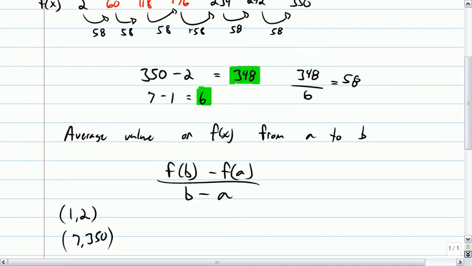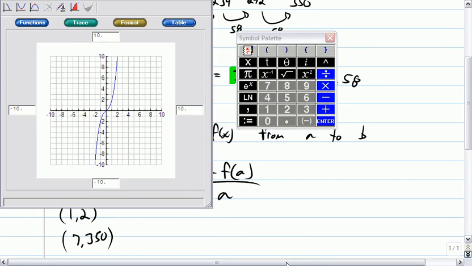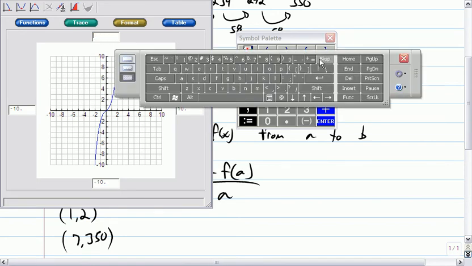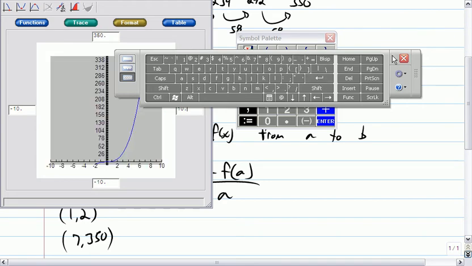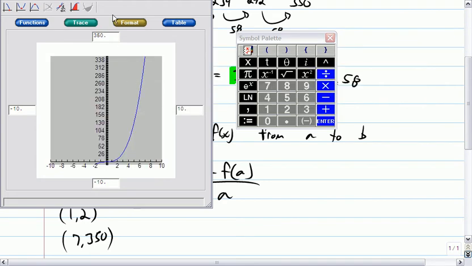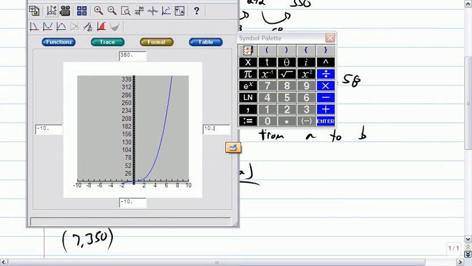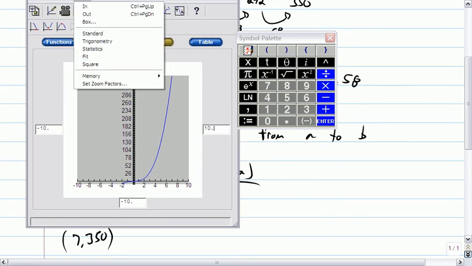So if we looked on a graph, I've got to adjust the window here. So we want to go all the way up to 350. So I need to copy this graph.